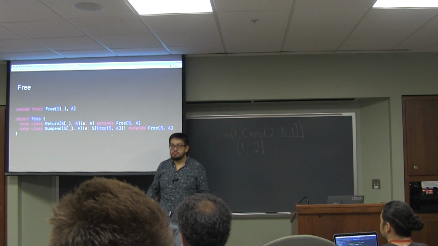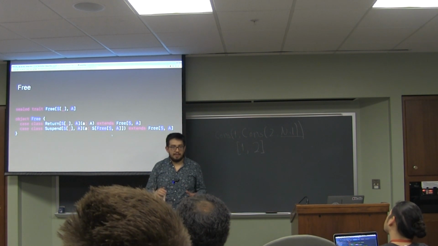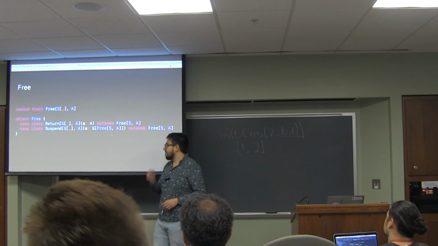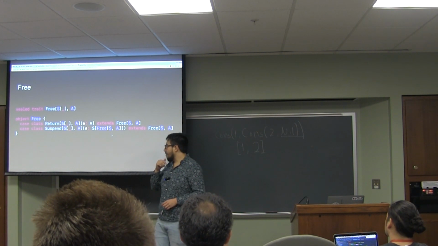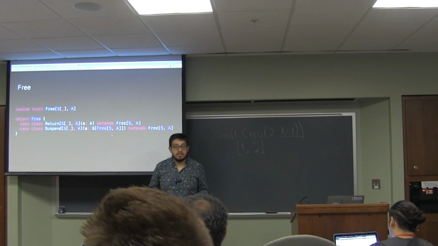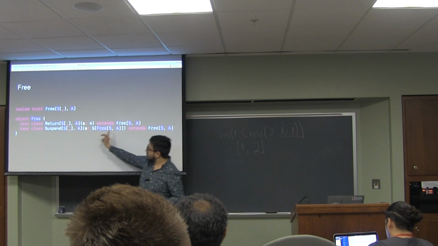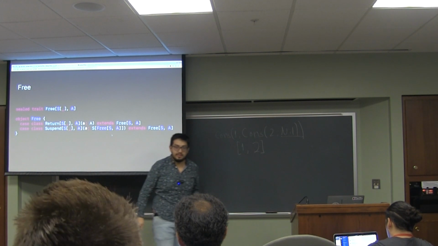We will use free to model unary functions later. We will create an AST that will model a unary function, a function with a single argument, and our single argument will be returned, and the rest of the AST will be held by suspend.